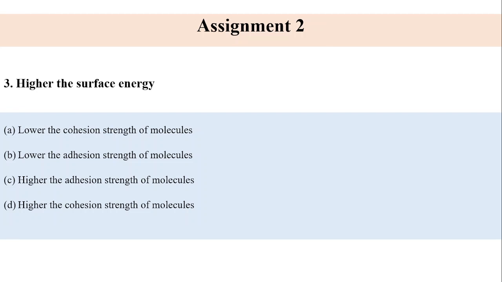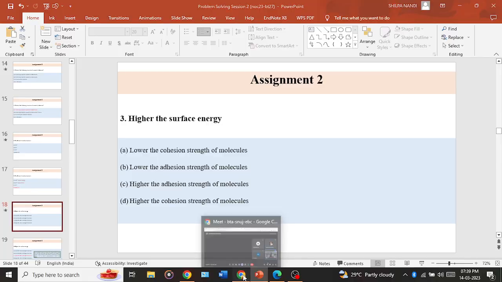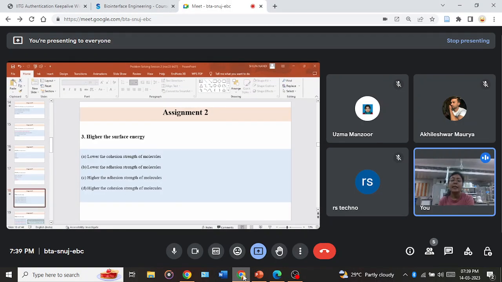Option C, higher the adhesion strength of molecules. And option D is higher the cohesion strength of molecules. So higher the surface energy, which of the options is the correct one? You have to complete the statement.